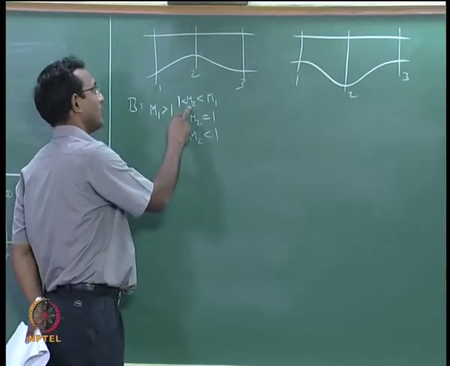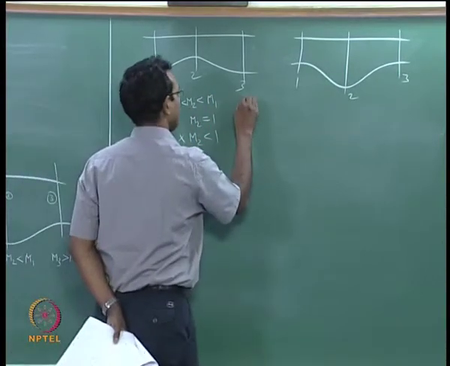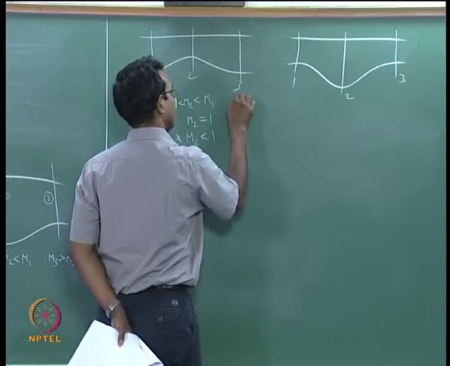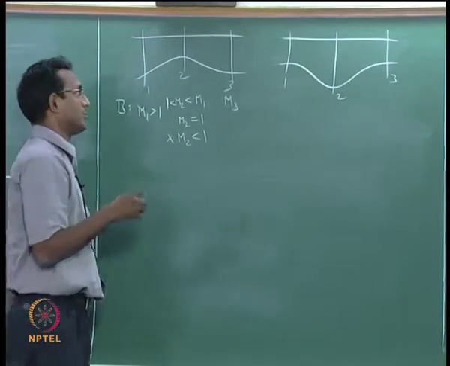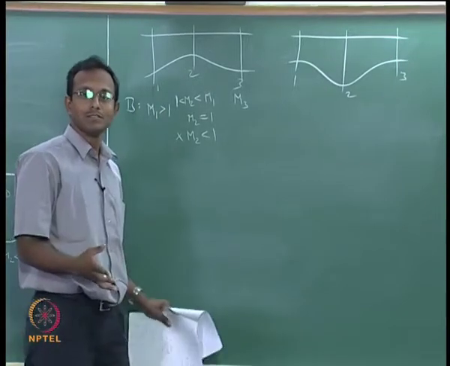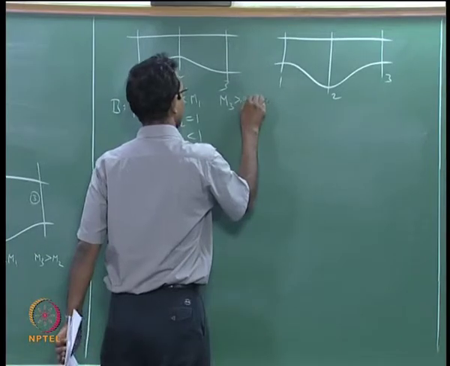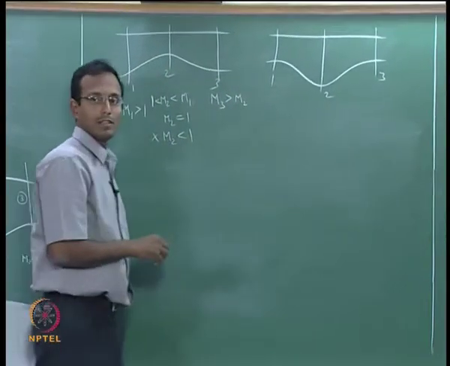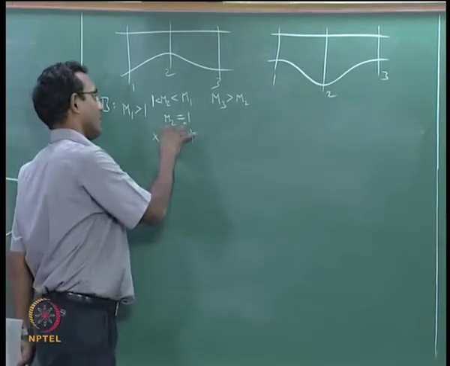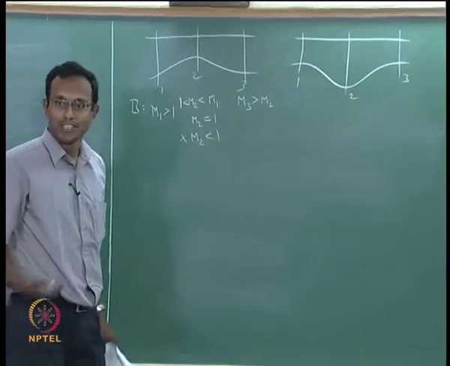If it is M2 greater than 1, what happens to M3? Supersonic flow, area increases. What happens to it? This will also increase, which means M3 is greater than M2. Now if I look at M2 equal to 1, again a similar situation arises.